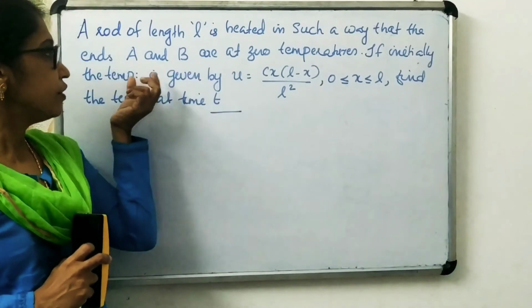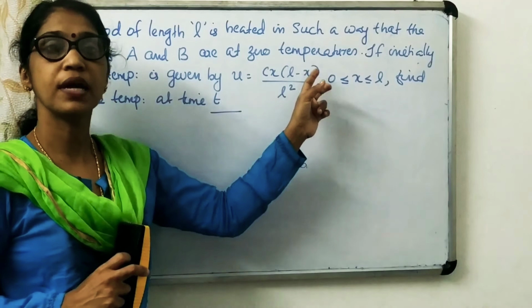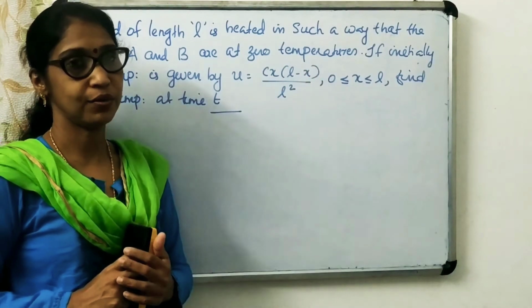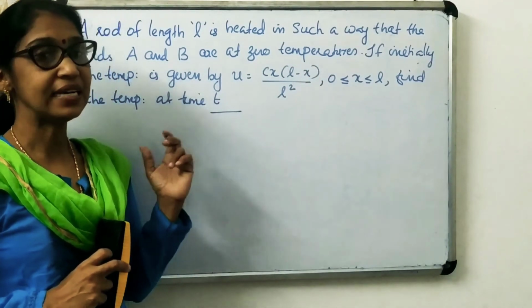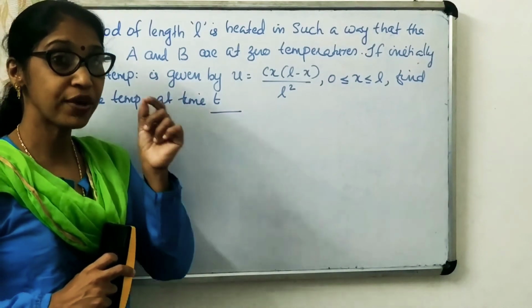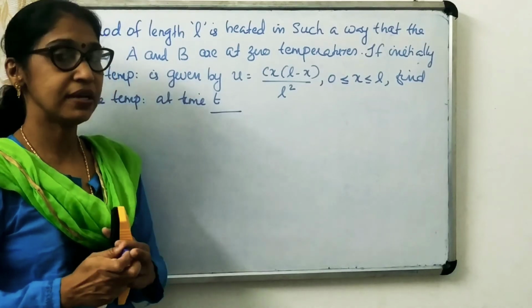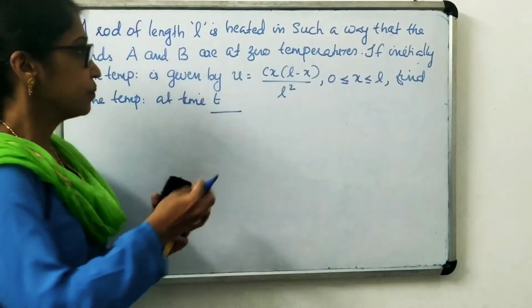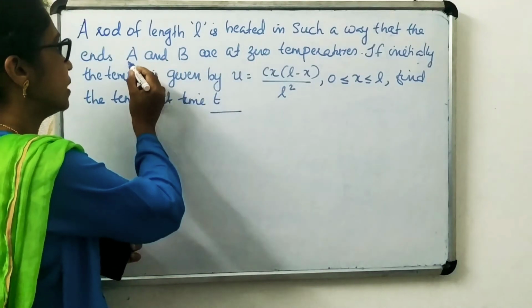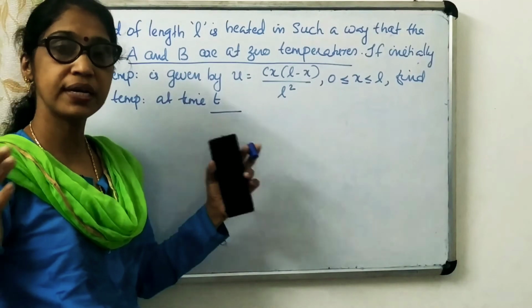So here, initially the temperature is given by U = Cx(L - x)/L². Okay. So given initial temperature, that is U(x, 0) is given. So all the three conditions we get from the question. First, A and B are at zero temperatures, which means both the boundary conditions are zero.